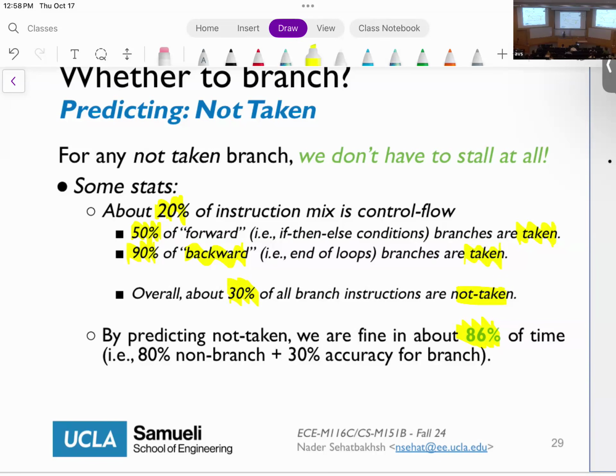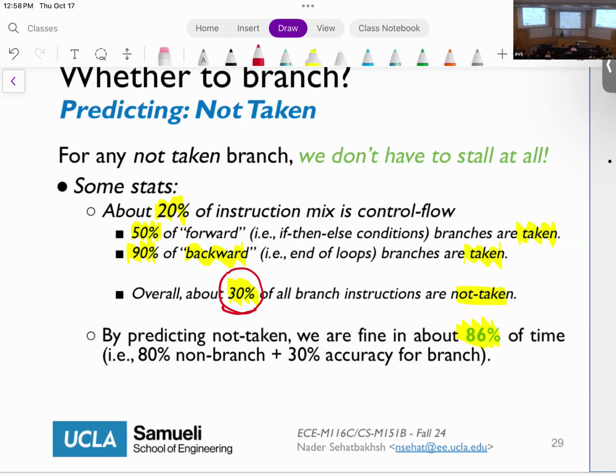Great. So I'm basically saying here that only 30% of the time the branch is not taken. So it seems logical to do taken. The problem with taken is that I need to change a lot of things in my processor, which I don't want to. I'm going to do it eventually, but for now, I'm going to see how much just doing not taken improves my processor.